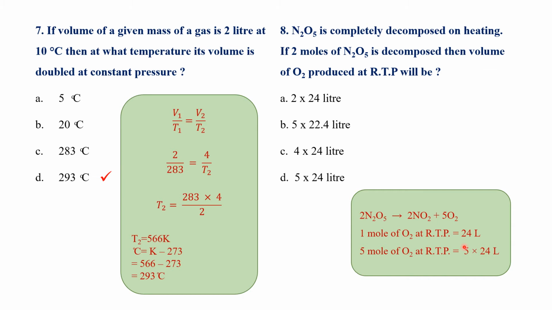So there is a difference between these two. Then 5 moles are given in the equation. So 5 moles of oxygen at RTP will produce how much volume? So we will cross multiply it. So 5 multiplied by 24 liter. So option D is the correct answer.